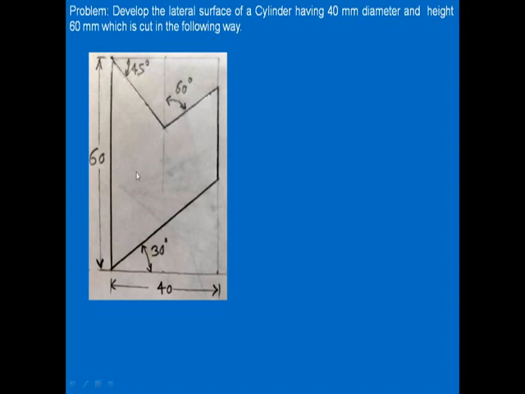So the in-between portion that is left after the first section plane cuts the cylinder, and after the second and the third section planes cut the cylinder, this is the portion of the cylinder which you have to develop. So I hope the statement of the problem is clear.